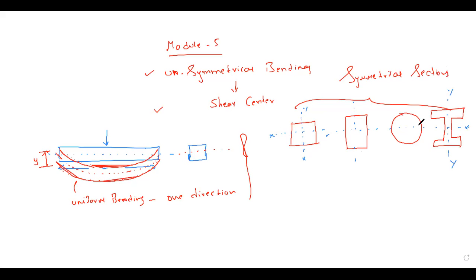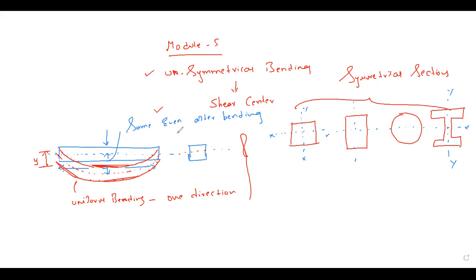When these sections are subjected to bending, they bend uniformly, where the neutral axis and the bending axis will be the same even after bending.